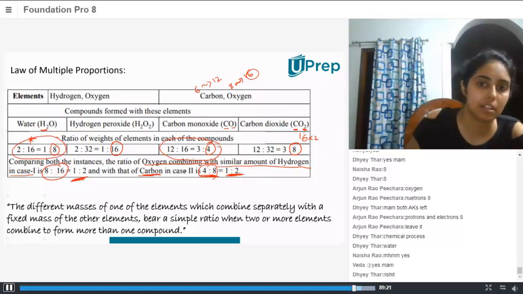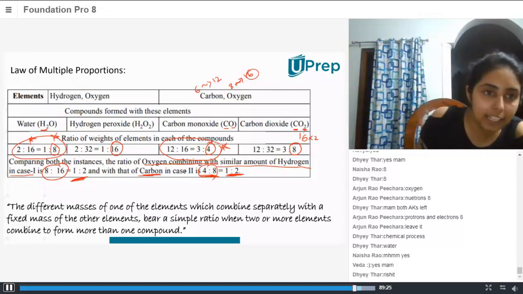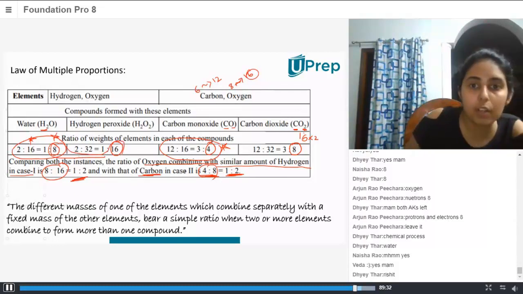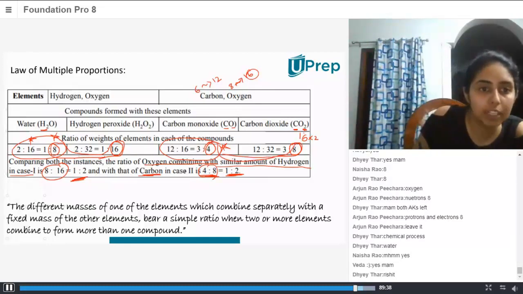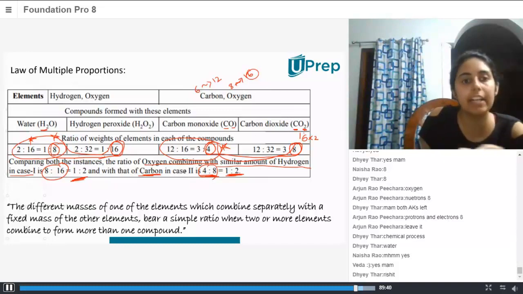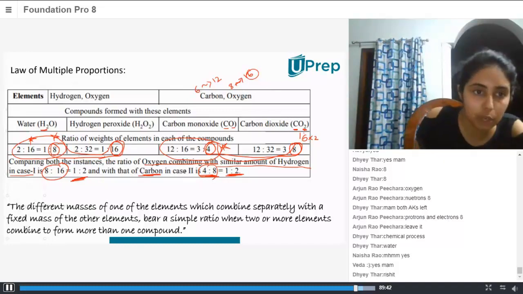Okay, so if you understood these two things, let us take a look at now just the oxygens. First I'll take the weight ratio of both the oxygens. So I have 8/16, which is 1/2.